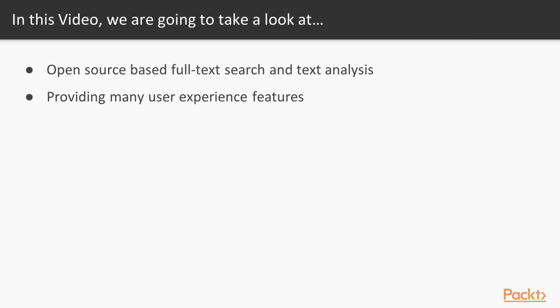Not only is it the standard full text indexing, searching, and text analysis, but it also provides a number of fantastic user experience features, such as providing recommendations, things of that nature.